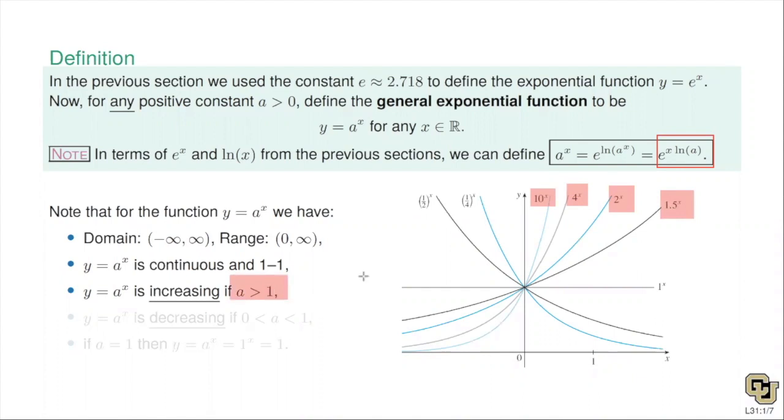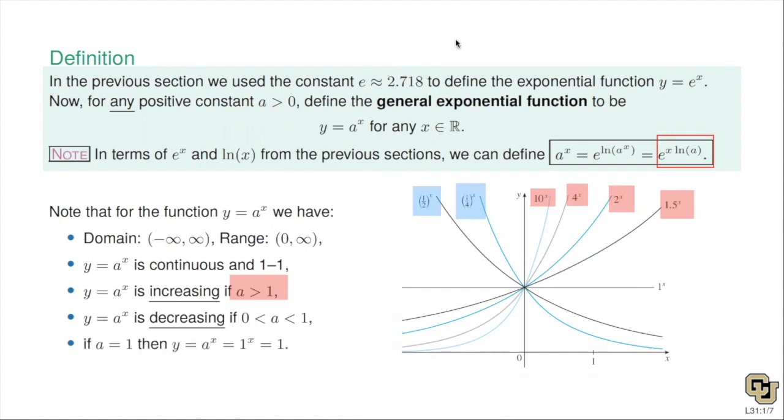Of course, every one of them has a shape that looks very much like e to the x, just slightly stretched or compressed, slightly tweaked. If a is less than 1, then we have an exponential function that's decreasing. So here you have 1/2 raised to the x, 1/4 raised to the x. This is a decreasing exponential function.